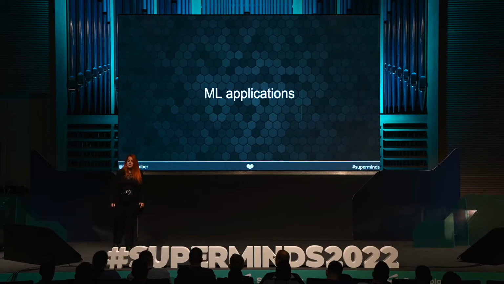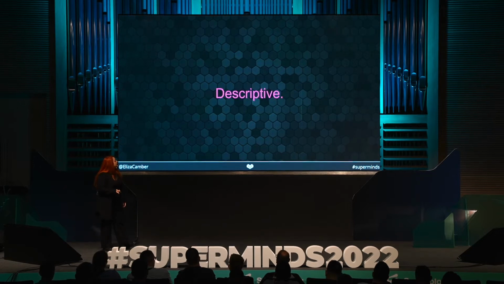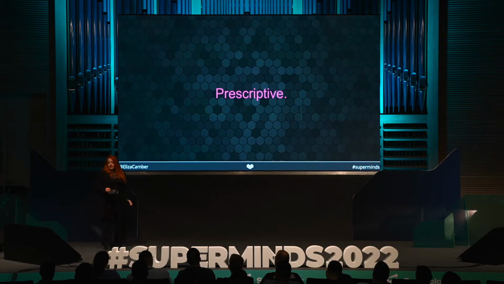It can be predictive, which means that it will use the data to predict what is going to happen. And then we also have prescriptive, which means that it will use that data for suggestions about what should happen or what we should do.